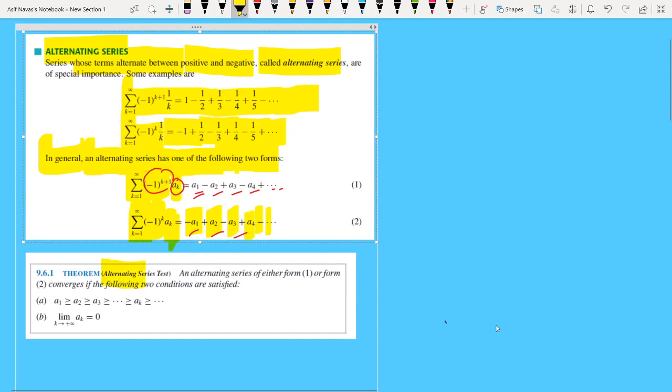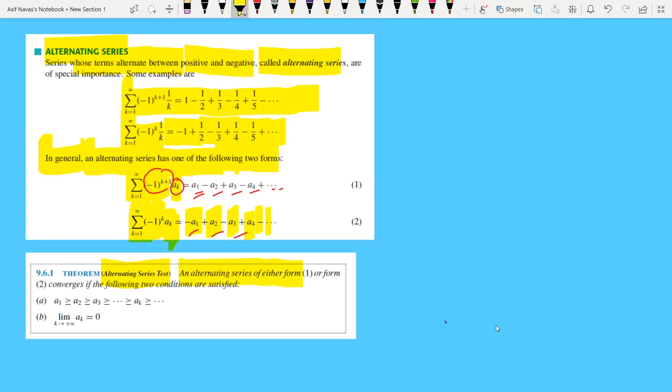The next topic is the alternating series test. An alternating series of either form 1 or form 2 converges if the following two conditions are satisfied.